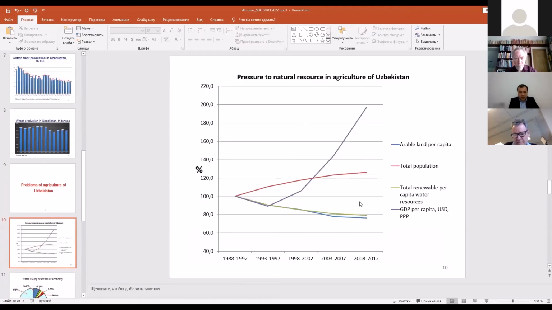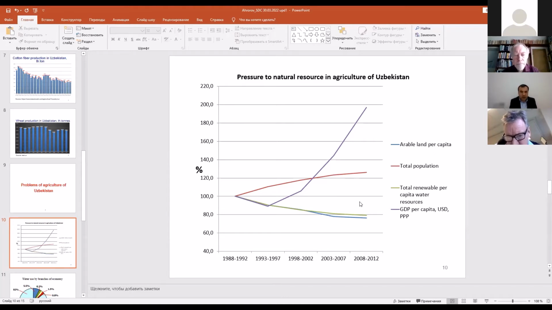We have really limited arable land, and this limitation is because of water scarcity. Arable and irrigated lands are the major contributors to agriculture production and important resources.